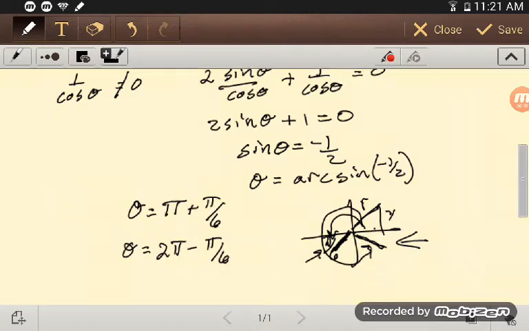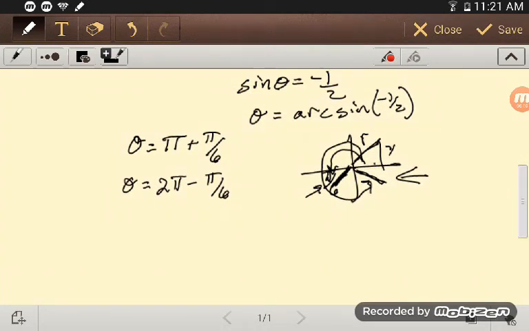And those are my two numbers. Now I could write these a little better, right? So that would be 7 pi over 6. And here I have 12 minus 1, so that's 11 pi over 6. So there are two of my critical numbers.